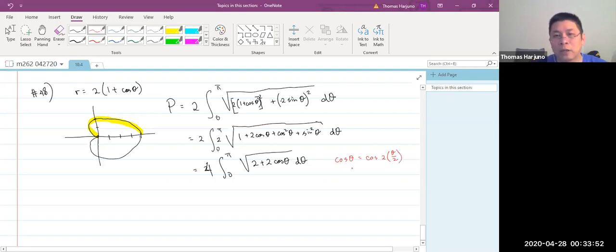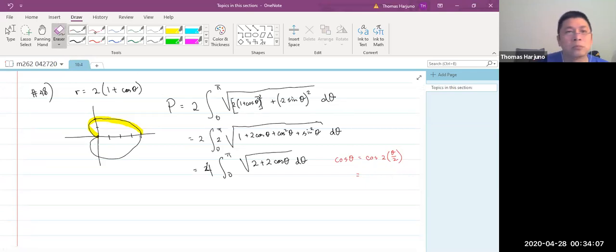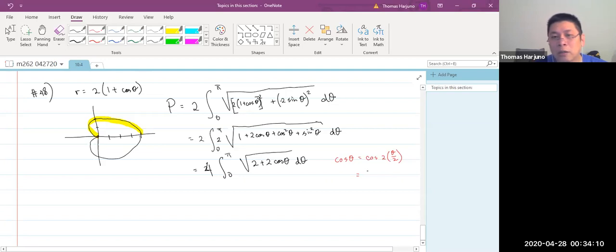Which will be 1 plus cosine squared of theta over, oh, I'm sorry, no, that's not it. That will be 2 cosine squared theta over 2 minus 1. You see what I mean?